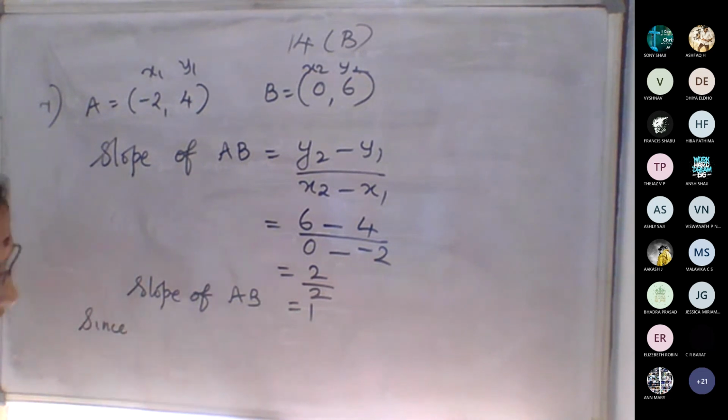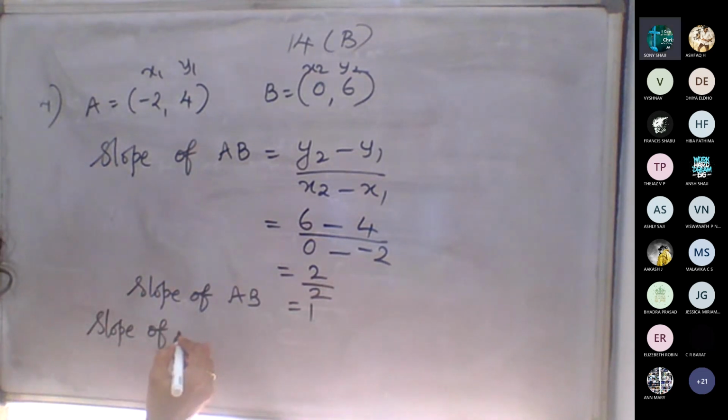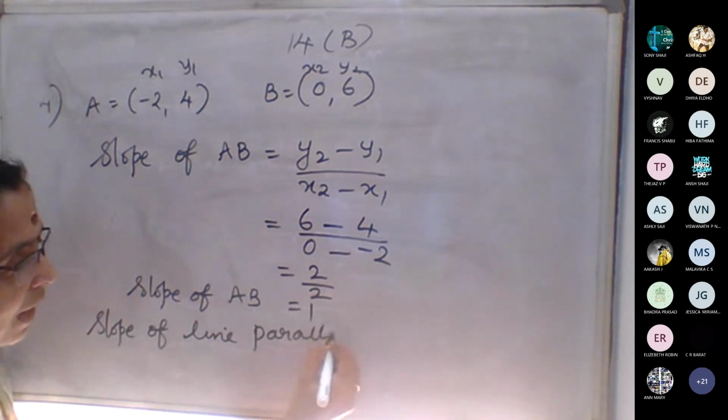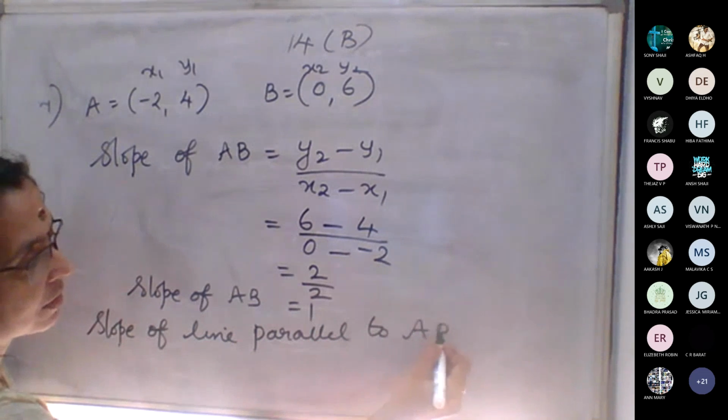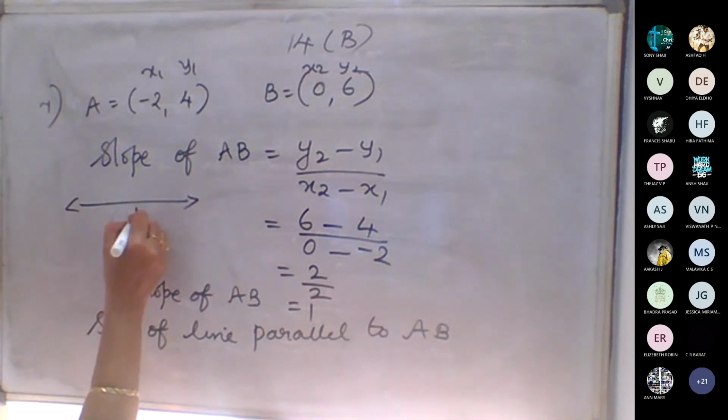You can write directly: slope of the line parallel to AB. We got the slope of AB as 1.